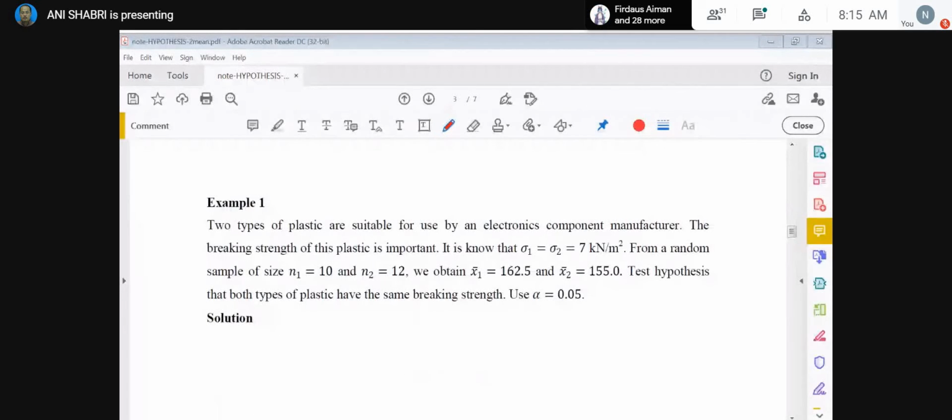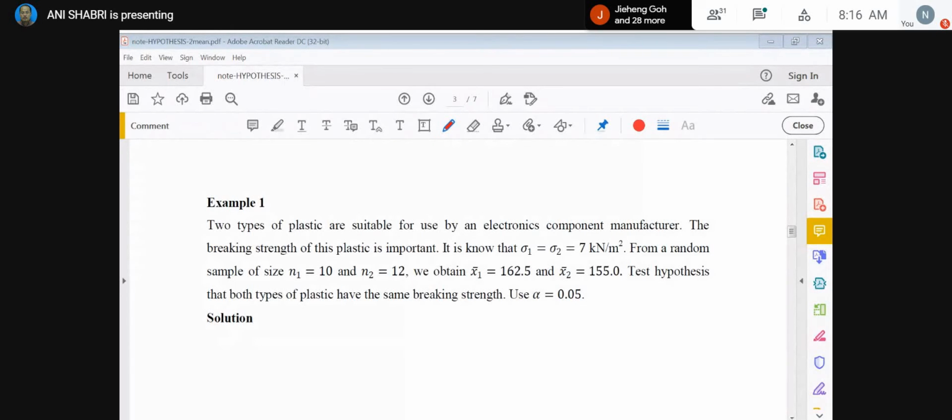Example 1. Two types of plastic are suitable for use by an electronic component manufacturer. The breaking strength of the plastic is important. It is known that standard deviation 1 and 2 are equal to 7 kilonewton per meter square.